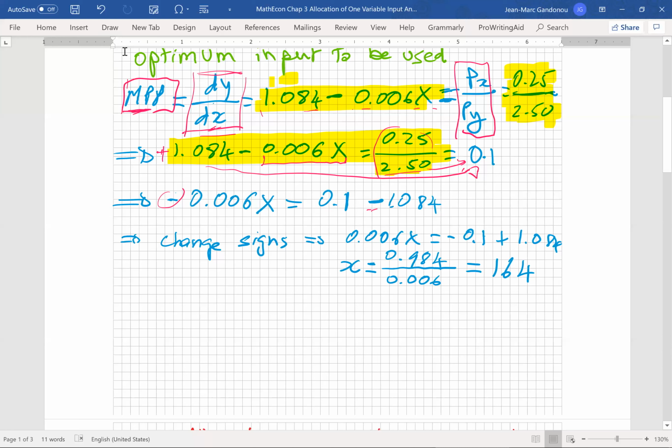is change sign. So when I change signs, what do I get? I multiply both sides by the same sign.